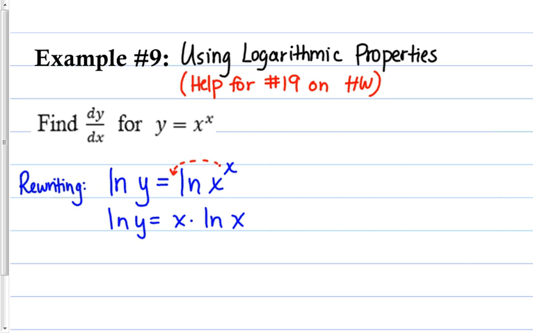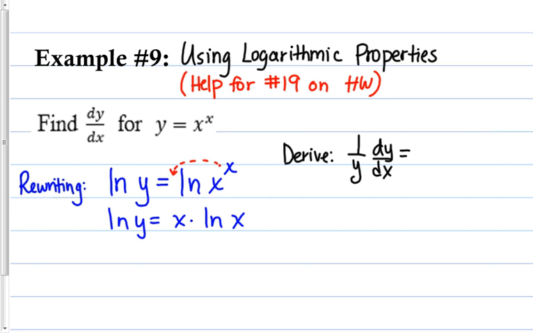Derive both sides. The derivative of the natural log of y is going to be 1 over y, but because I took the derivative of y, I have to write dy/dx. On the other side, x times the natural log of x. So it's u times v prime plus v times u prime, that's the product rule.